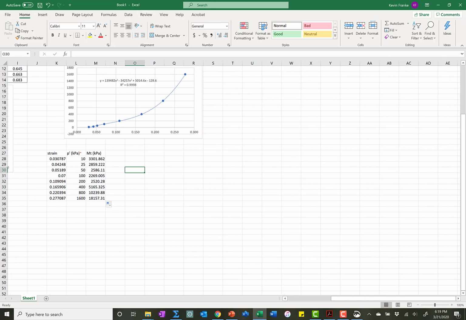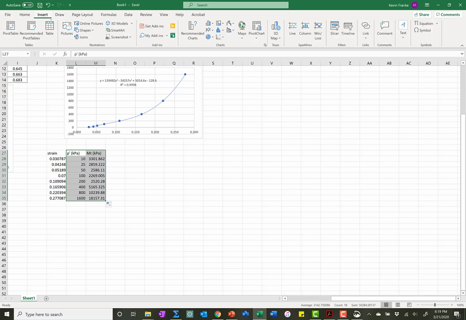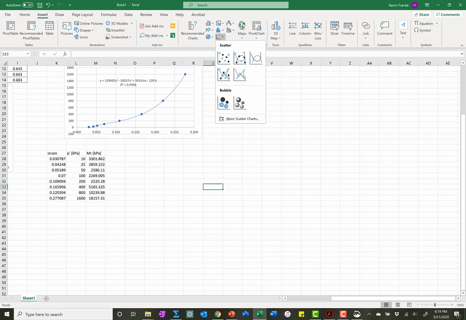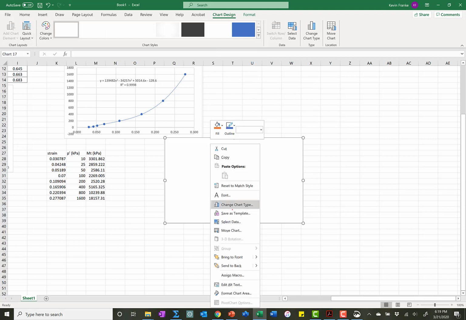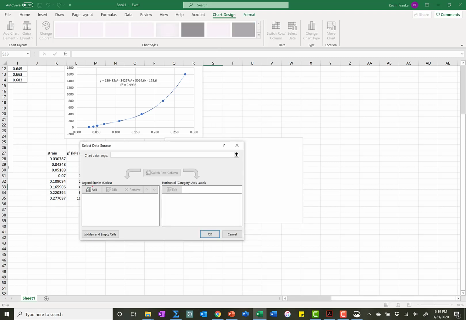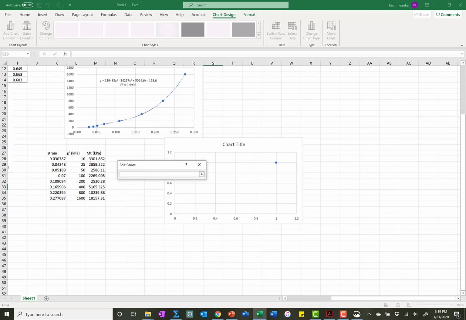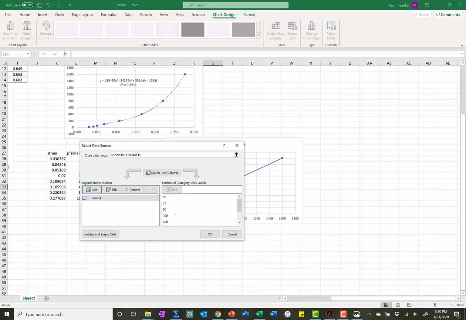But this time, if I want to find the pre-consolidation stress, I'm going to plot tangent modulus versus effective stress or mean stress. So let's plot a scatter plot with a fit function to it. On this instance, for my x, I'm going to use mean stress. And for y, I'm going to use tangent modulus. And I hit OK.